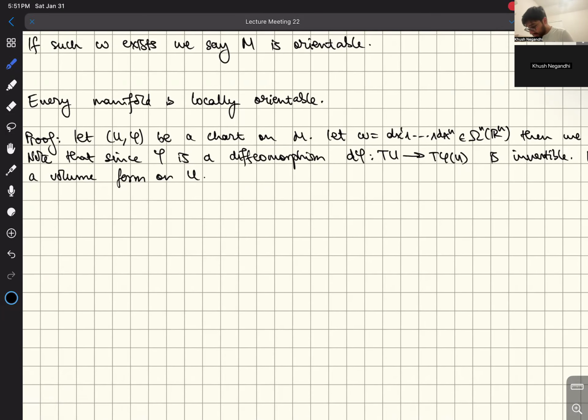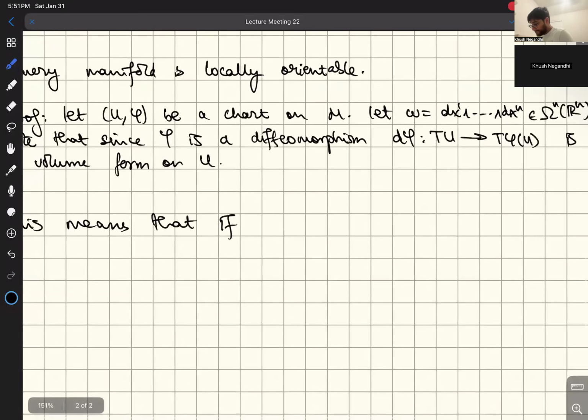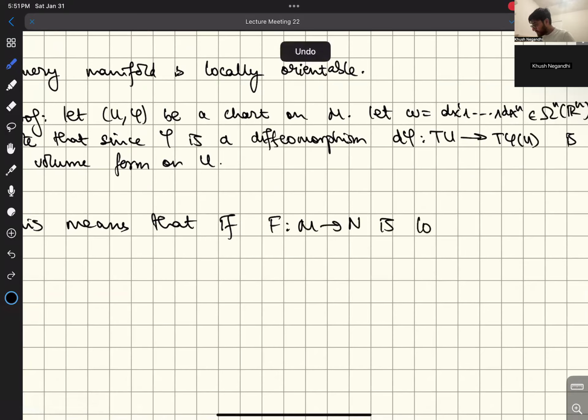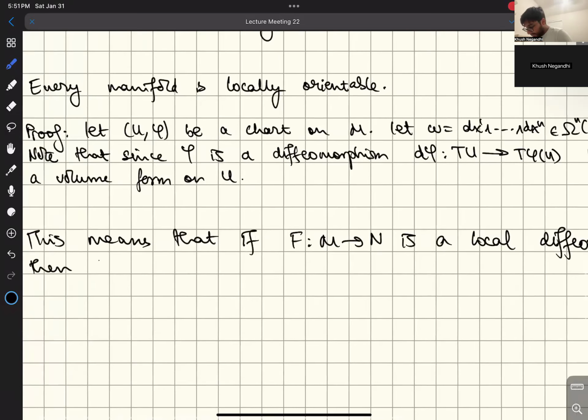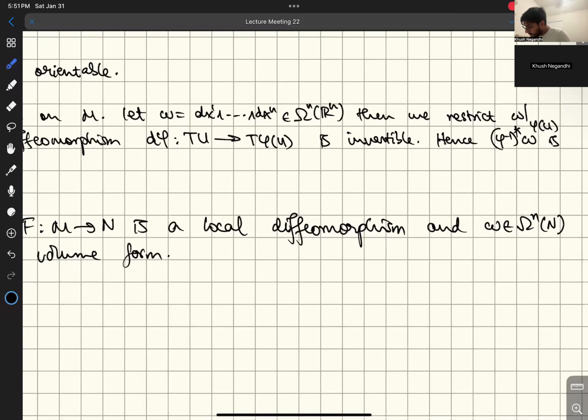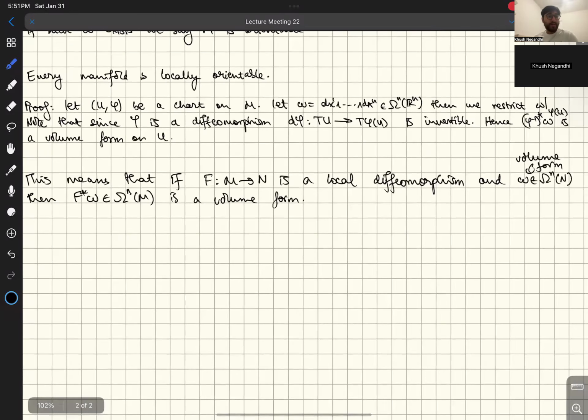Okay. So this is one very useful result. Another thing is note that this means that if f from M into N is a local diffeomorphism, and omega is a top form on N, then the pullback of omega is a top form on M. So I mean, this now shows that, okay, the Mobius band isn't locally diffeomorphic to any sphere, for example.